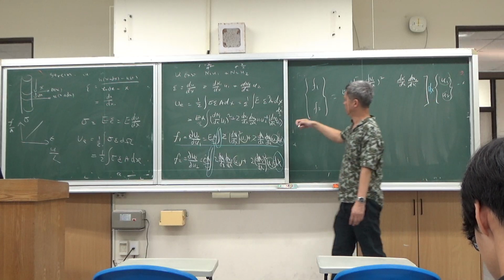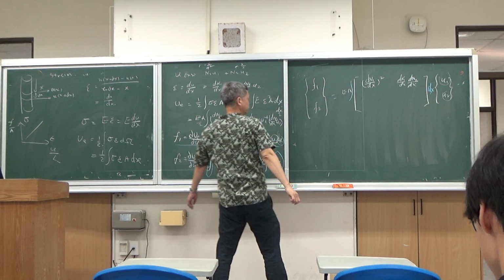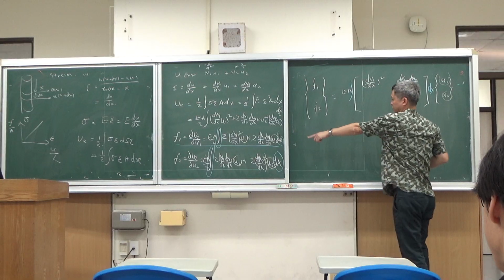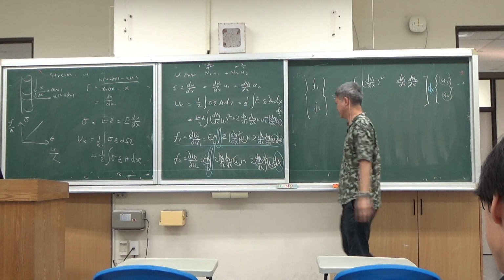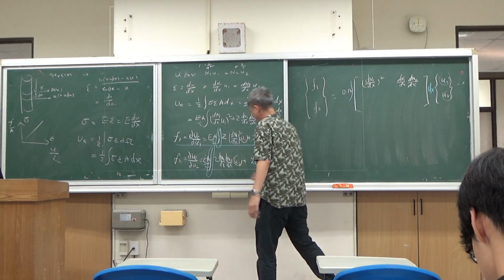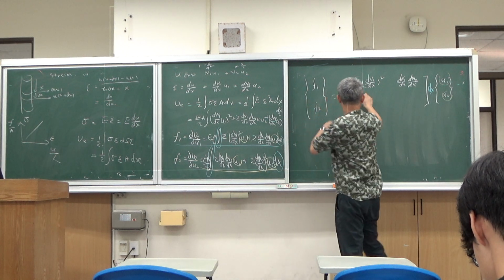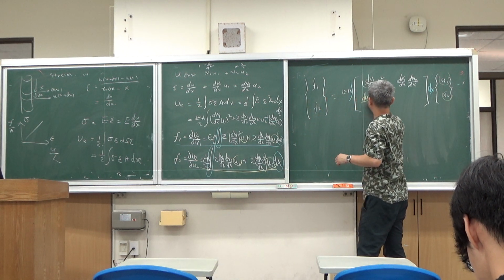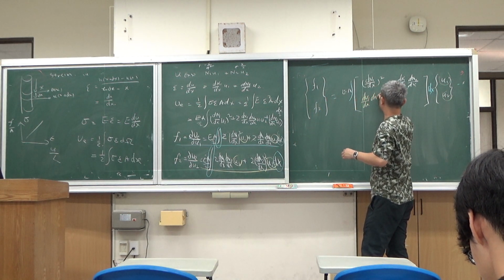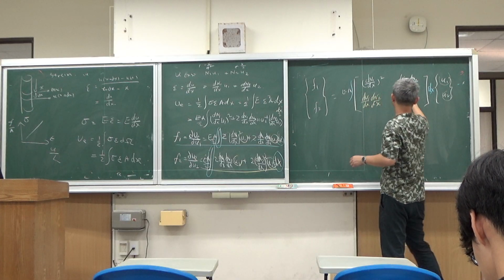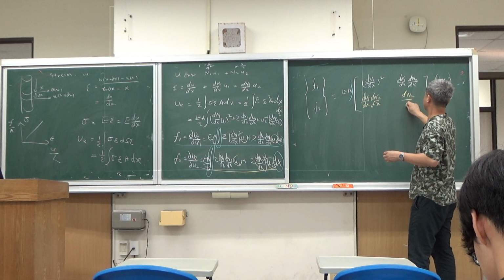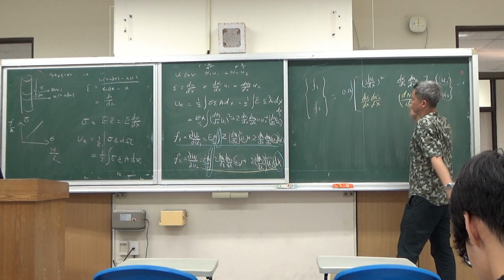And likewise, you now do this second row of equations. Then you have shape function gradient 1 and shape function gradient 2, and then this one, N2 x squared.